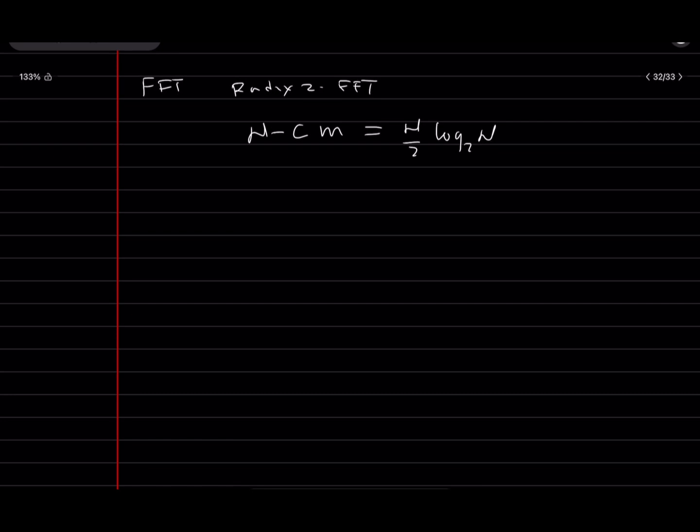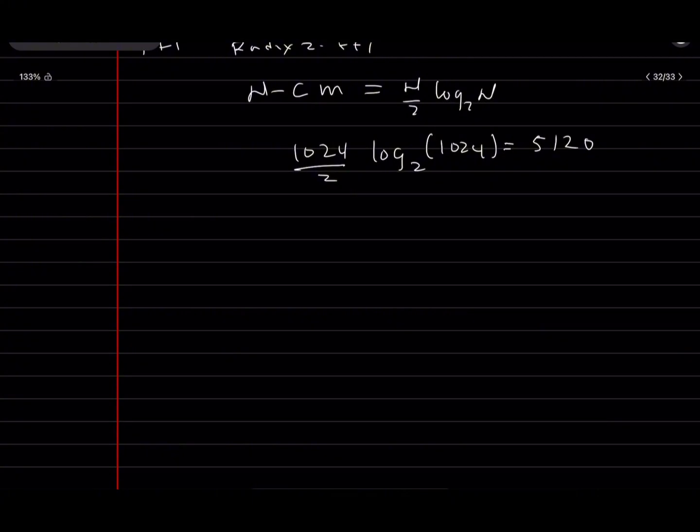So basically, if n equals 1024, we divide by 2 and take the log base 2 of 1024, and we are going to get 5120. Then when you look at the number of complex additions, we are going to get 1024 log to the base 2 of 1024, and that one too gives us 10,240.